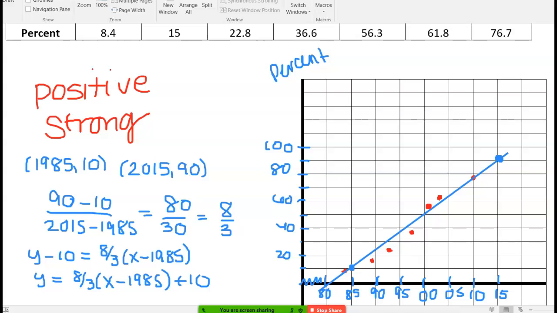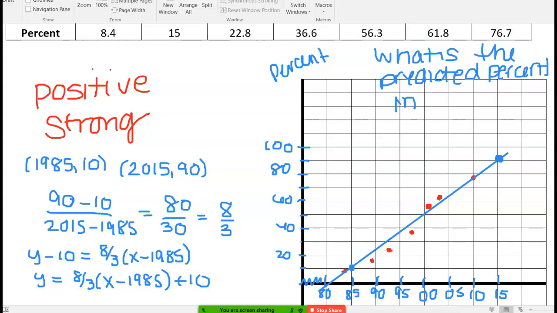The idea is that it wants to know what is the predicted percent in 2008.